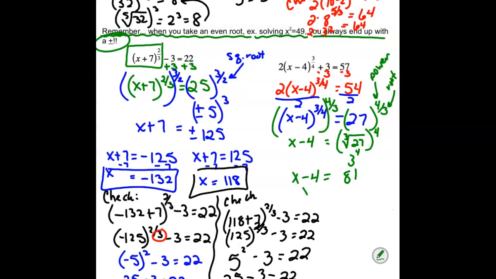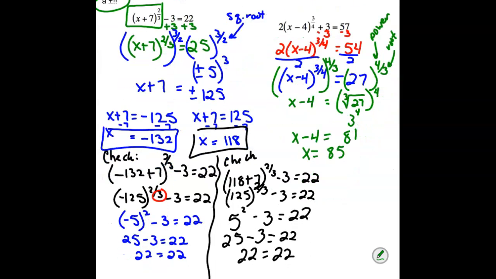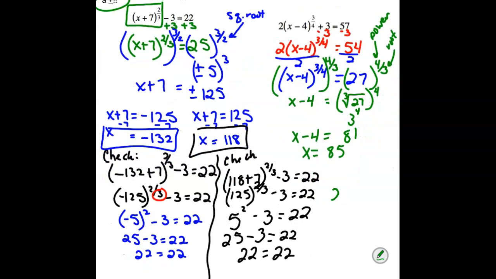Adding 4 to the other side, we have x being 85. Okay, let's check that. So we have 2 times 85 minus 4 to the 3/4 plus 3 is supposed to equal 57. Okay, 85 minus 4 would be 81.